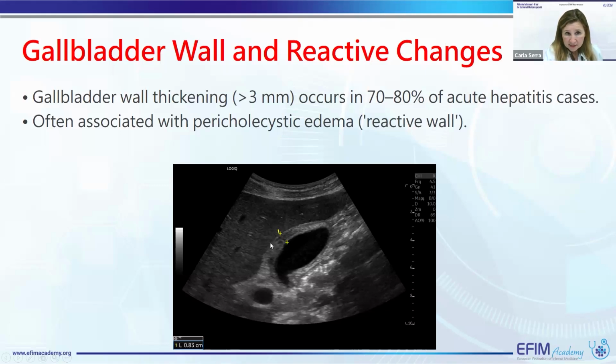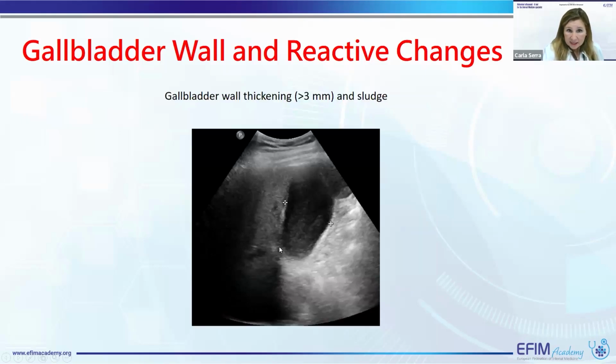And often this is associated with a pericholecystic edema, the so-called reactive wall. So you can see here the image and the typical sign. Sometimes you have the thickness of the wall and also sludge inside the gallbladder.